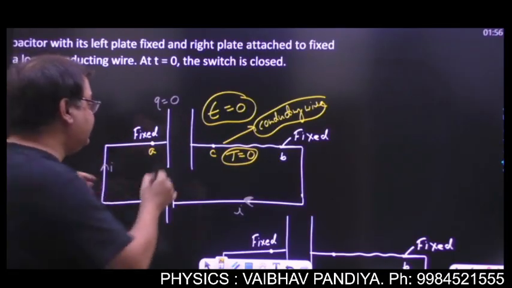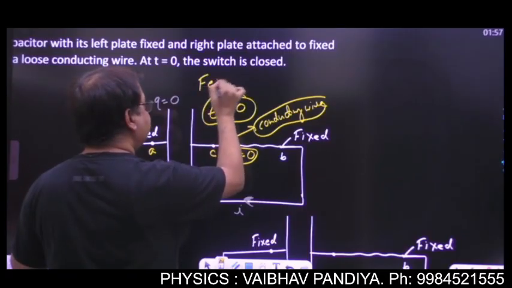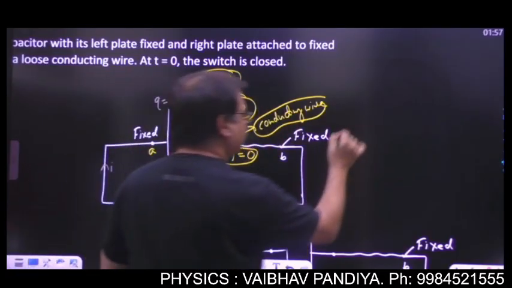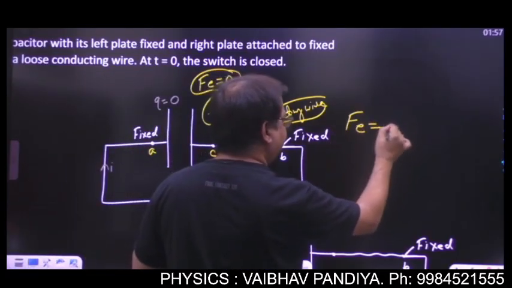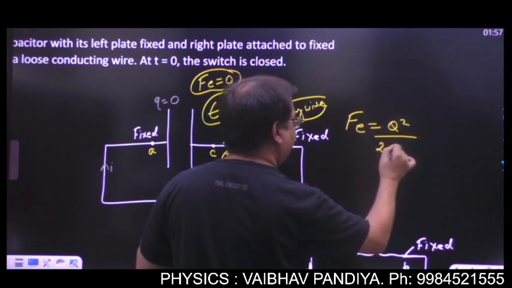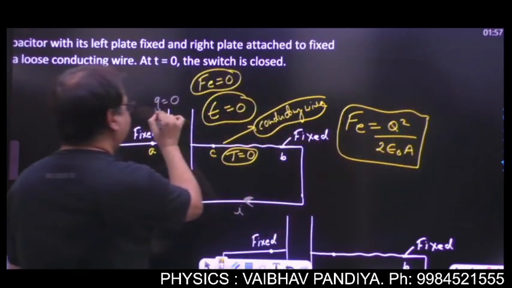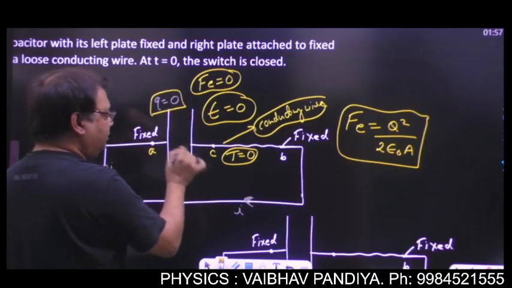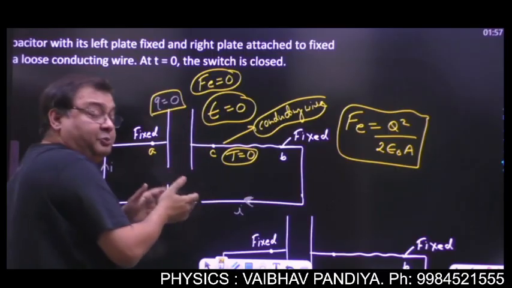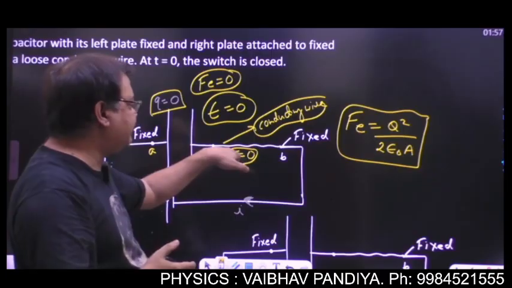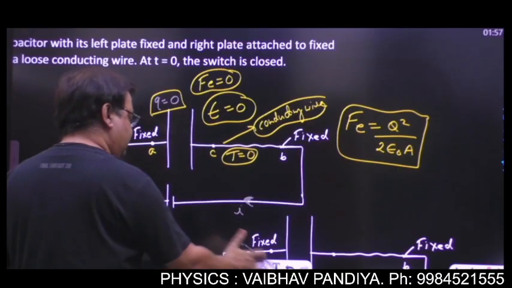Why is there no tendency? Because here the electric force will be 0, as we have seen right now. The attractive force on the plate is Q square by 2 epsilon naught A. Since right now Q is equal to 0, the force will be 0. So the right plate is not being pulled by the left plate, so there is no tendency for the string to get taut. This is what happens at t equal to 0.